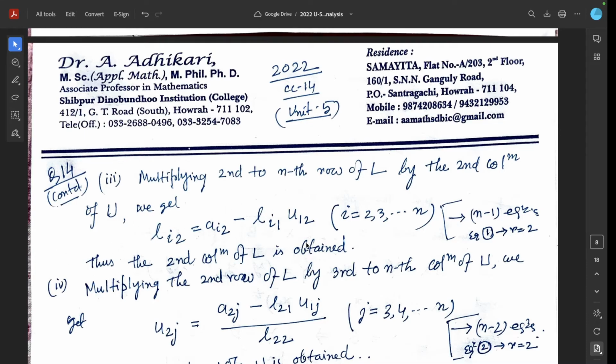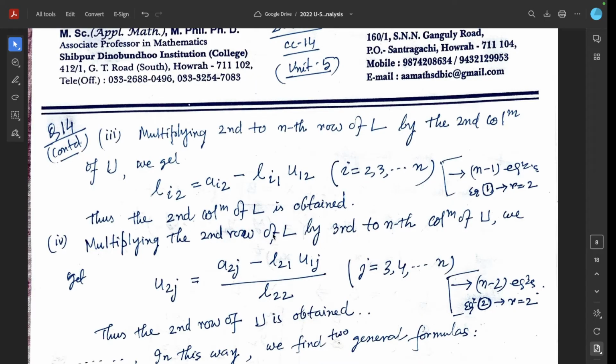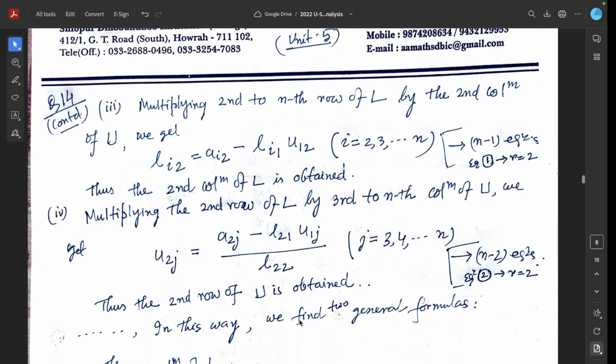And thus the second column of L is obtained. Multiplying the second row of L by the third to nth column of U, we get U2j equal to this, j equal to 3, 4 to n. We get n minus 2 equations, and the second row of U is obtained.